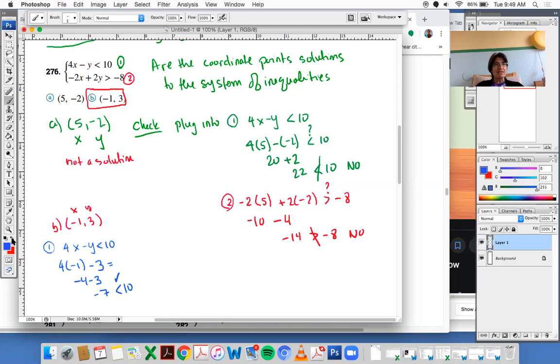Let's plug it into the second: -2x plus 2y bigger than -8. Plug in -1 for x and 3 for y: 2 plus 6 equals 8. And compare: 8 is bigger than -8. That is true. Because it made the inequalities true for both of them, you say yes, it's a solution.